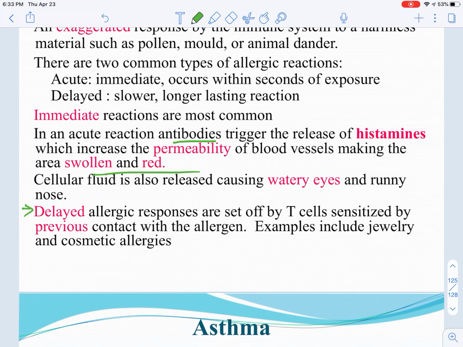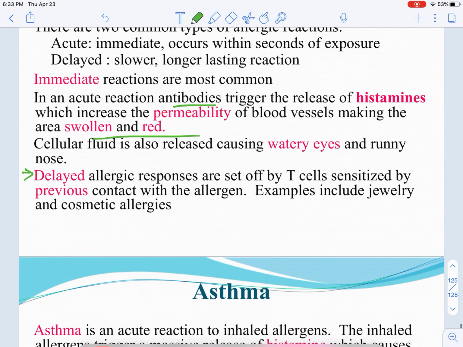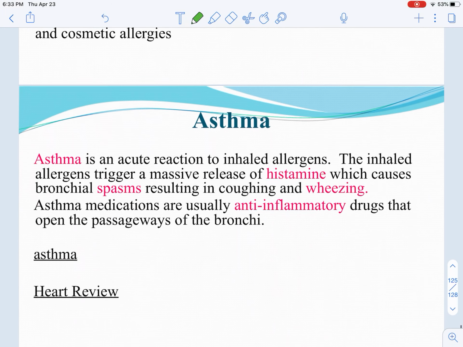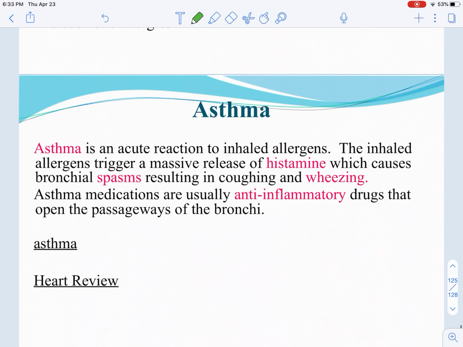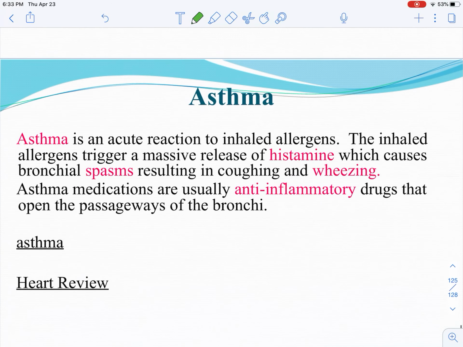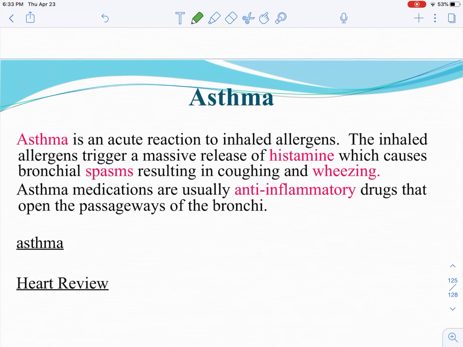And sometimes there's even delayed responses where you were exposed to something, and sometime later you get some side effects from it, a rash from it.